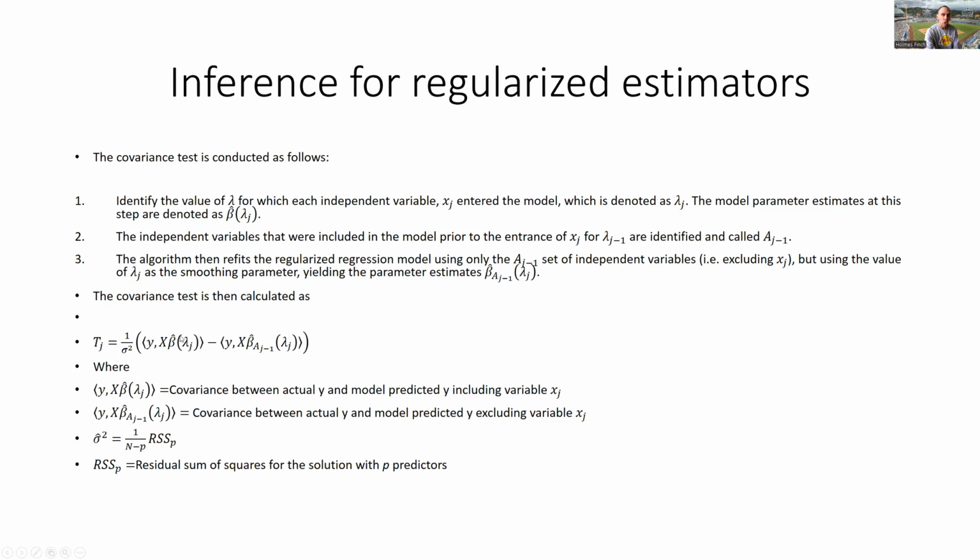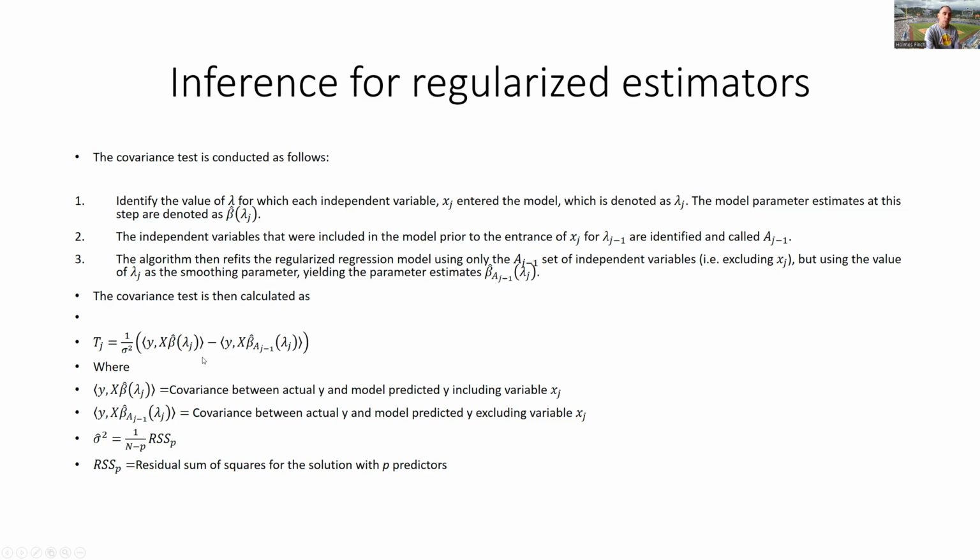This is the relationship between the dependent variable and the predicted dependent variable based on the variables in step 1. And then we subtract from that the covariance, or the relationship between the dependent variable and the predicted dependent variable using the A sub j minus 1 variables, right?